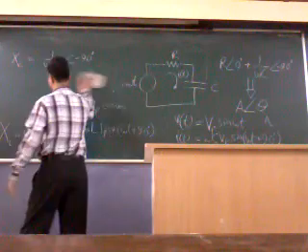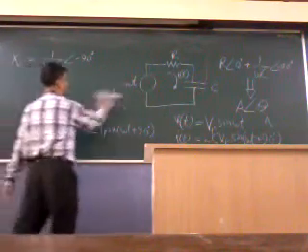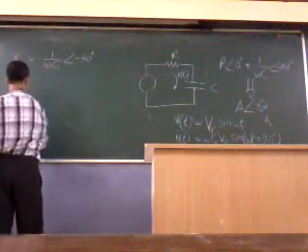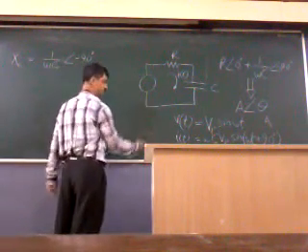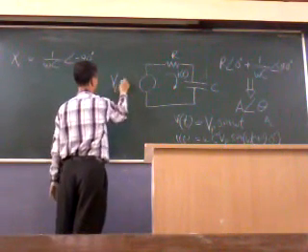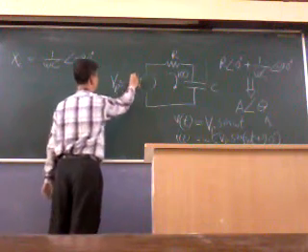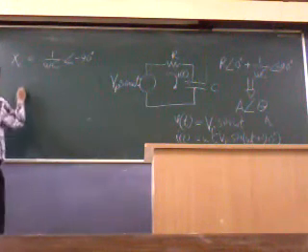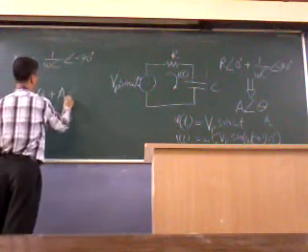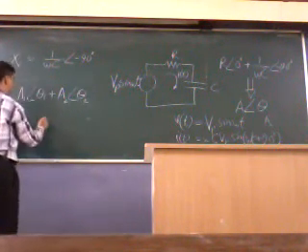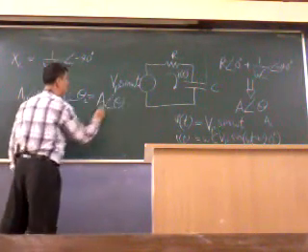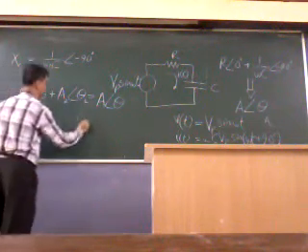So what we actually want is A1 angle theta 1 plus A2 angle theta 2 equal to A angle theta. We want to know what is A and what is theta.